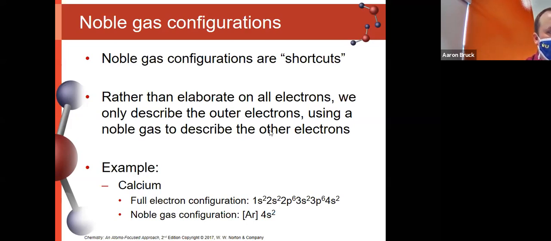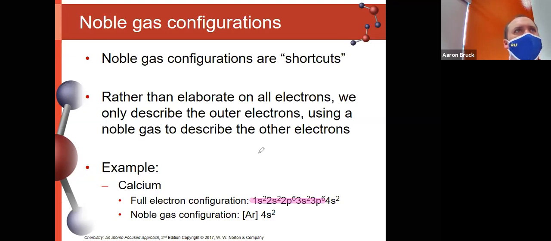So as an example, we can look at calcium. The full electron configuration for calcium is 1s2, 2s2, 2p6, 3s2, 3p6, 4s2. What the noble gas configuration recognizes is that this part of the configuration, these 18 electrons, can easily be represented by the 18 electrons of argon. There's no variability in them.